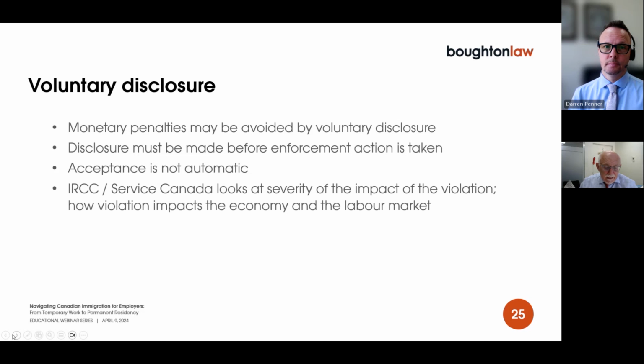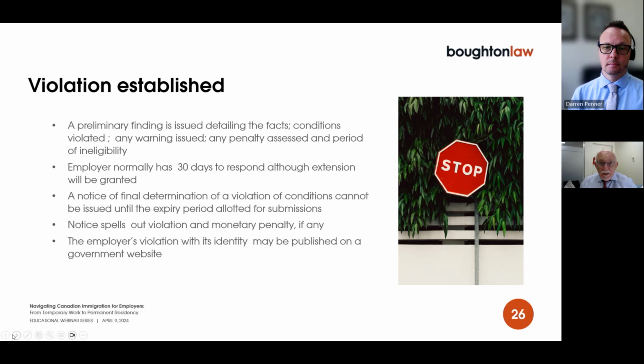In the event that a violation is established, what is going to happen is that a preliminary finding is issued that details the facts, the conditions violated, any warning issued, and any penalty assessed and period of ineligibility to hire foreign workers. Normally, an employer will have 30 days to respond, although extensions for a more measured response will be granted.